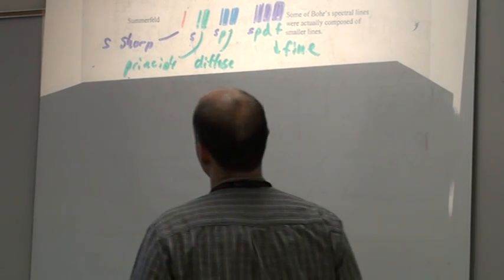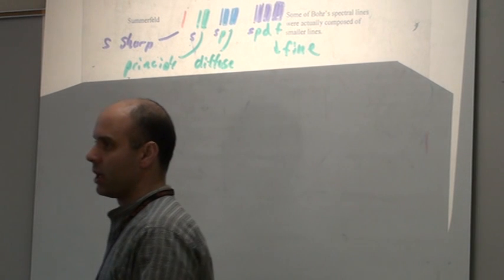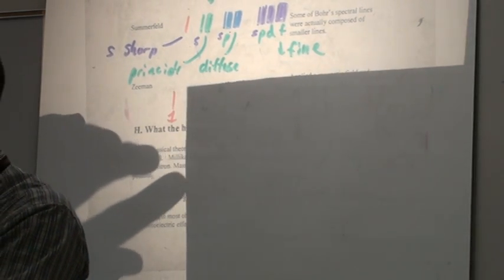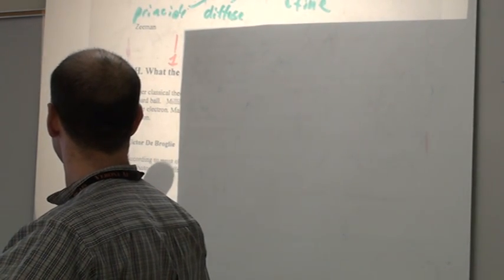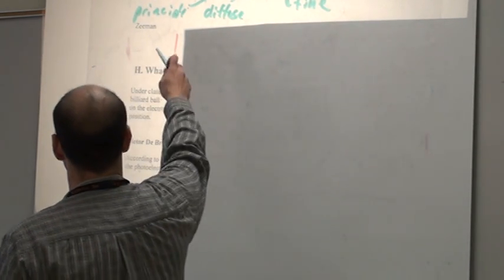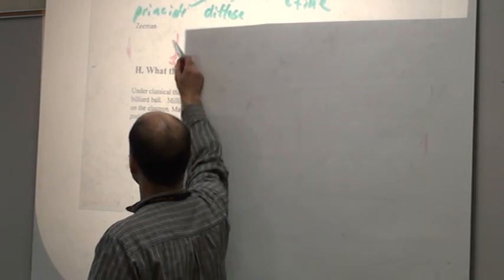Then a scientist by the name of Zeeman put magnets around his spectroscope. And when he did that, something goofy happened. The red line stayed as a single line.